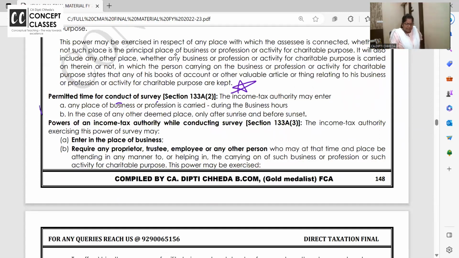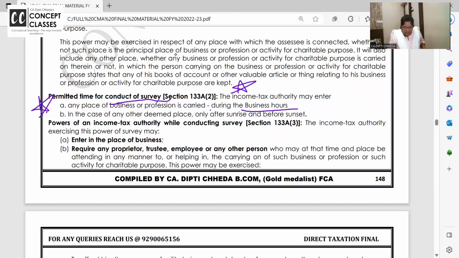Permitted time for survey, they ask this. Any place where business is carried on, then the survey is to be done in business hours. What are business hours? 8 to 8 or whatever, I am just saying it like that, but 10 to 10, whatever your business hours are.